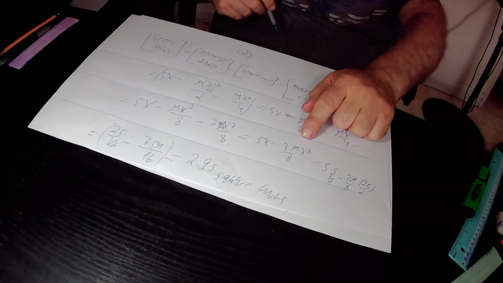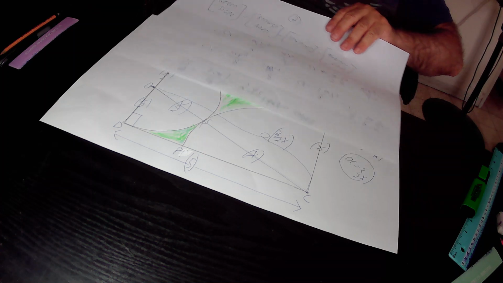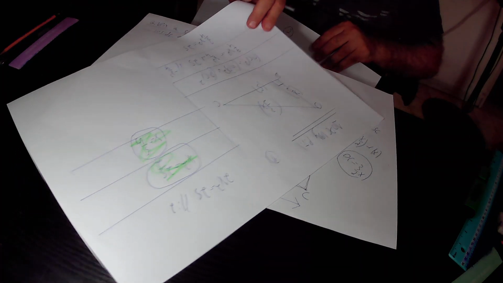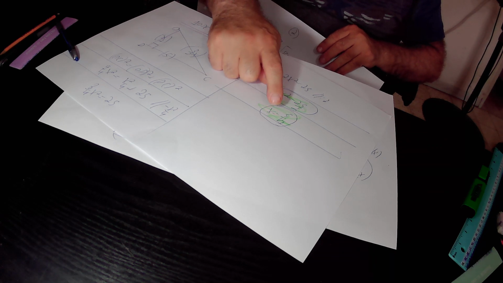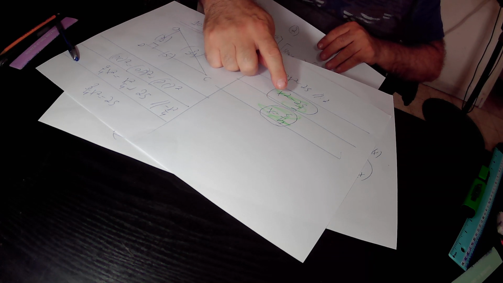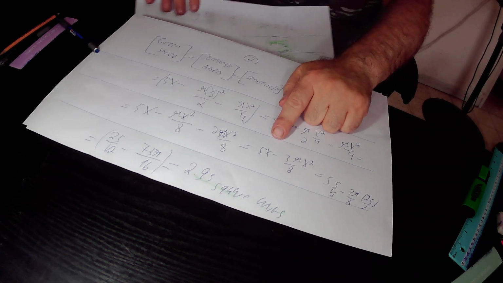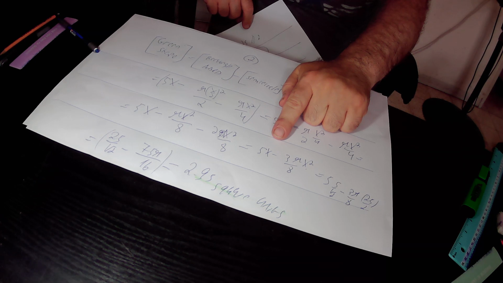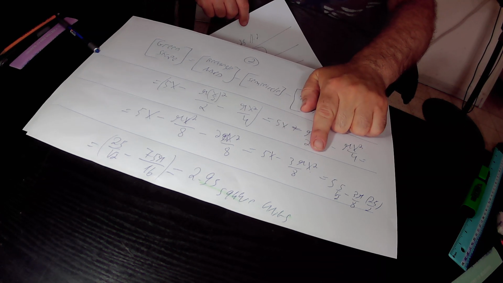So here we have already found that x equals 5 over square root of 2 and x squared equals 25 over 2. So we can substitute x in this expression by 5 over square root of 2 and x squared in this expression by 25 over 2.